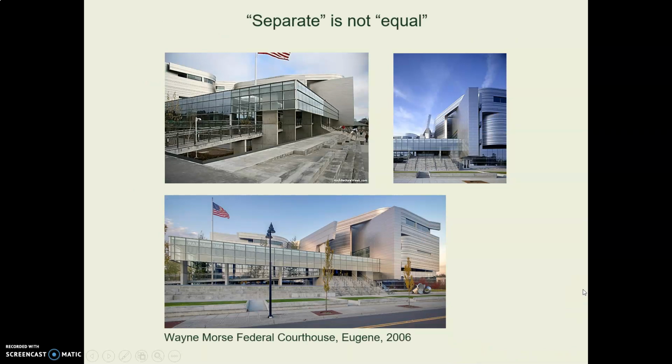Here's an example of where this came into play. This is the Wayne Morse Federal Courthouse in Eugene, Oregon. This is what it looked like right after it was built, before the trees grew up so nicely. And the city of Eugene hired Tom Main, who's a star architect, known as a starchitect, a big famous architect.